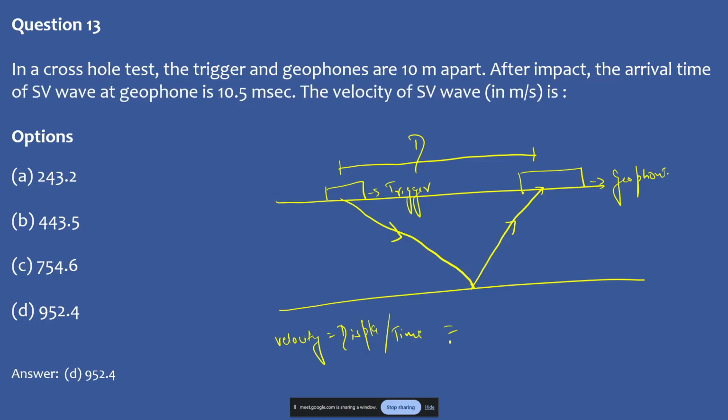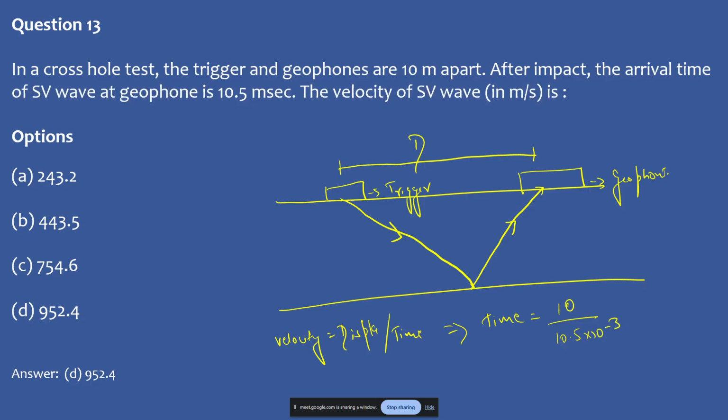How much is the displacement? The two are 10 meters apart, and the time is 10.5 milliseconds, so 10.5 into 10 to the power −3.